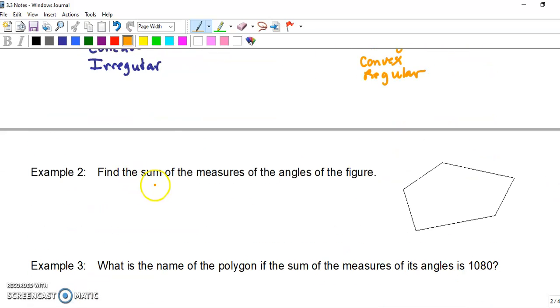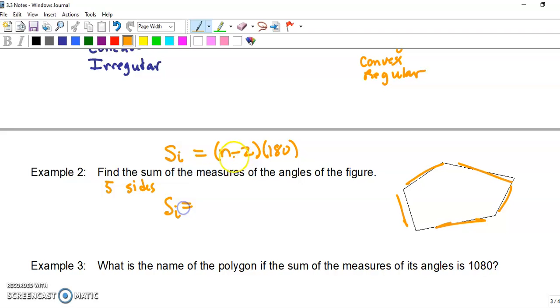So we use that formula. This has 1, 2, 3, 4, 5 sides, so the sum of the interior angles is 5 minus 2, so 3, times 180, which is 540.